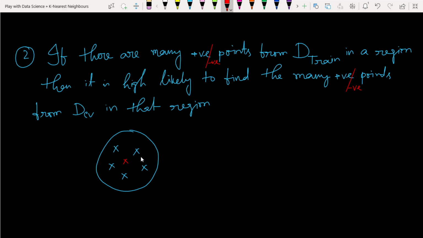Then there may be the same chance that positive points appear in the same region from our cross validation data set.